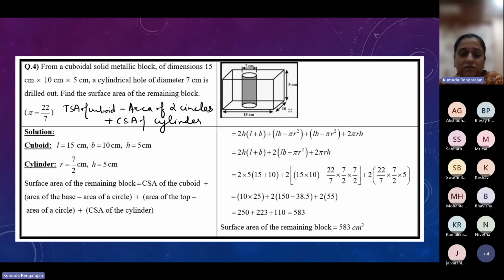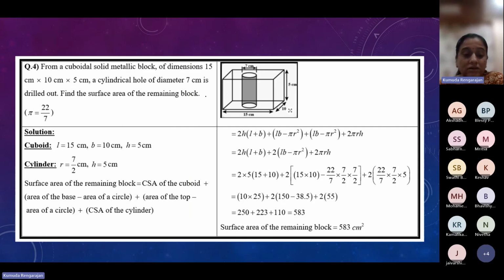When you find the curved surface area of the cuboid, it is about the area of these four walls. The area of the four outer walls of the cuboid does not include the CSA of the cylinder. It's not volume. It's not about the material inside.